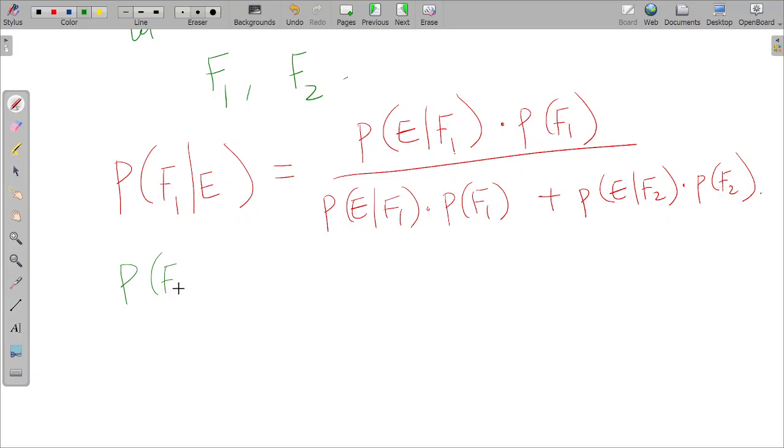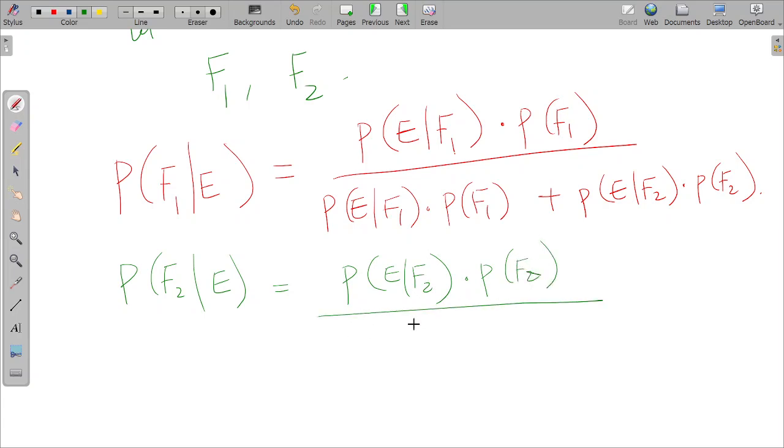The probability of F2 given E is equal to the probability of E given F2 multiplied by the probability of F2, all over the probability of E given F2 multiplied by the probability of F2, plus the probability of E given F1 multiplied by the probability of F1.